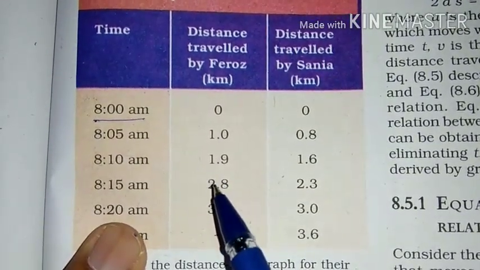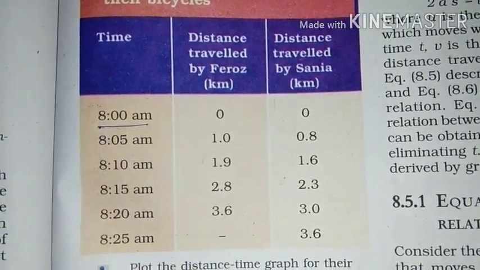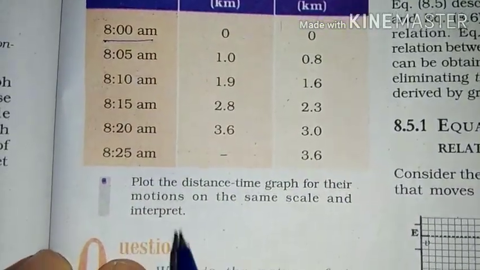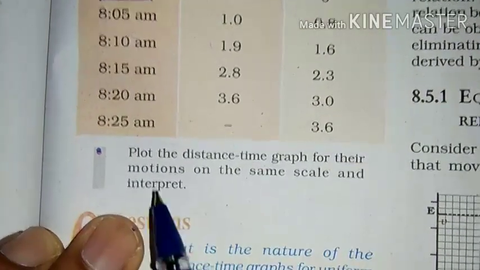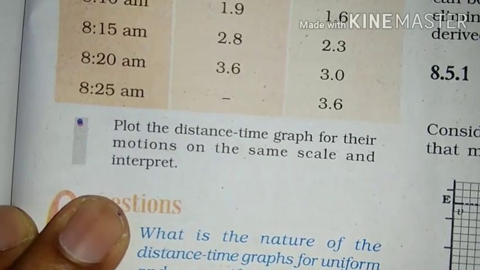Similarly, after every 5 minutes, the distance travelled is given here. So, what is the question here and how we shall face it? The question is: plot the distance time graph for their motions on the same scale and interpret it.